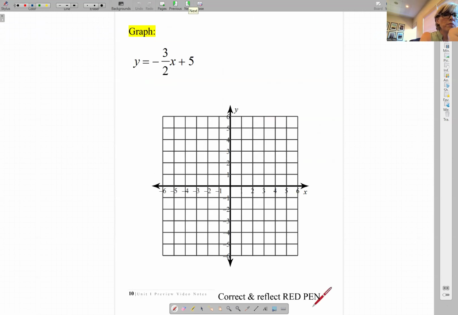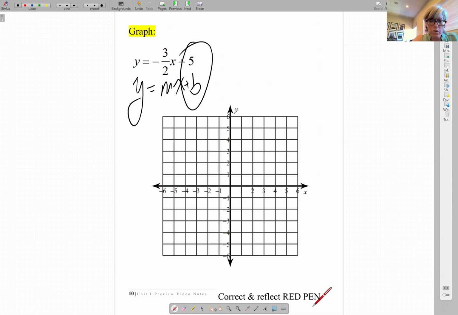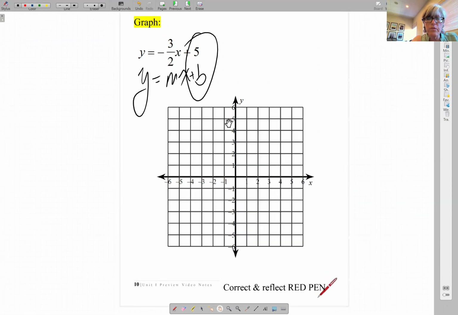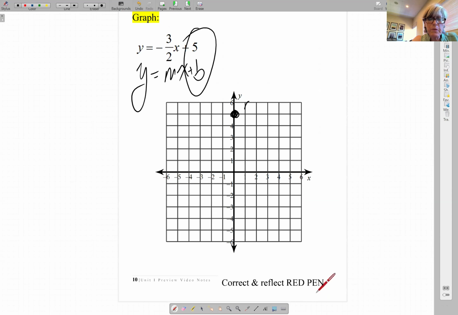For this one, y equals mx plus b. You should have started your intercept at positive 5. So that would be 0, 5 is your intercept. It is a negative tilting line, so your line goes down from left to right.